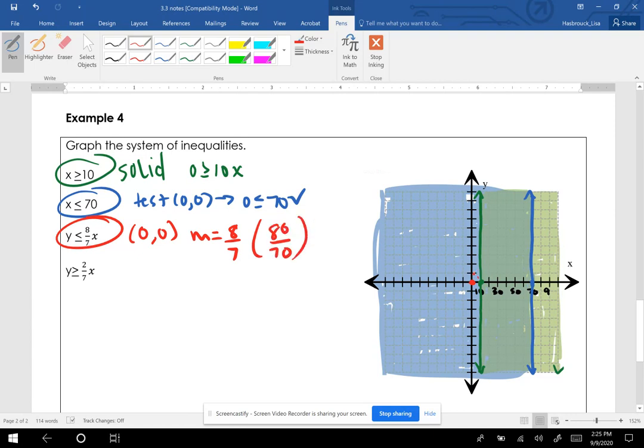So I could go up 10, 20, 30, 40, 50, 60, 70, 80. Go right 70. Same idea, right? Okay. Could go backwards too.